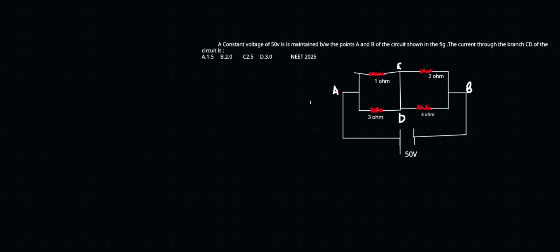Let me take the pen here. Let's solve this problem. As you know, the 3 ohm resistance and 1 ohm resistance are in parallel when the current I flows through this circuit.